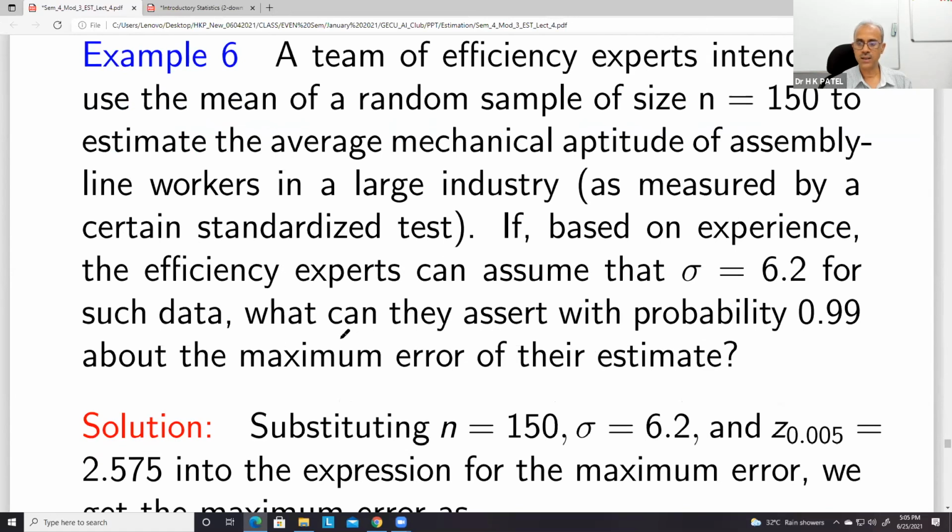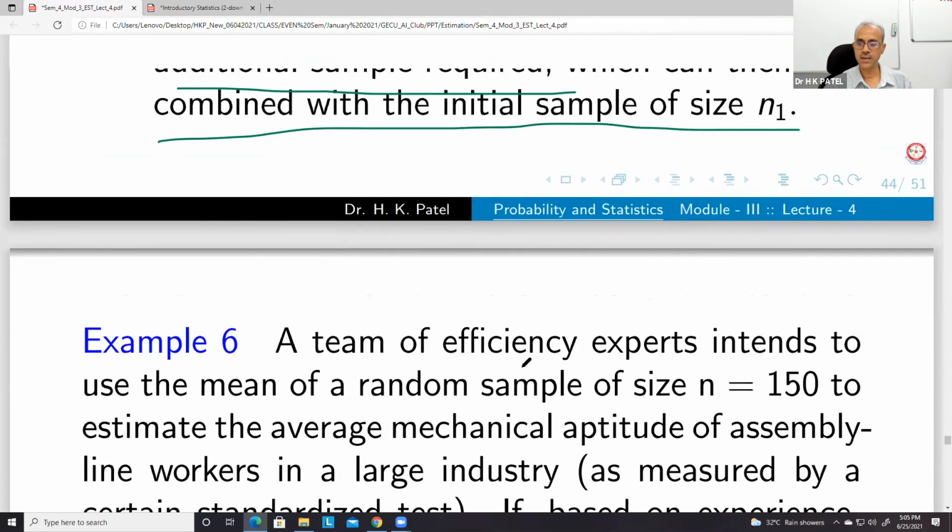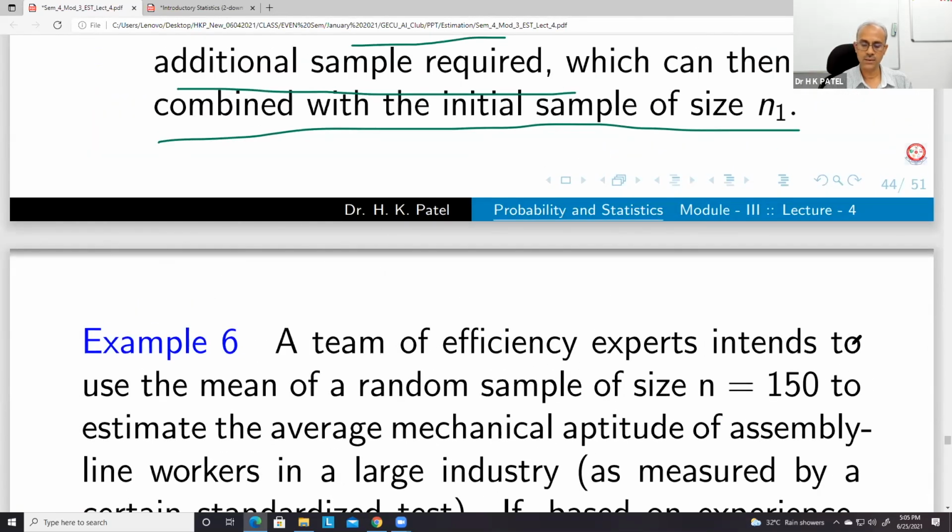So under this data, what will be the maximum error subject to 99% confidence? As I said earlier, that error is half of the length of the interval.